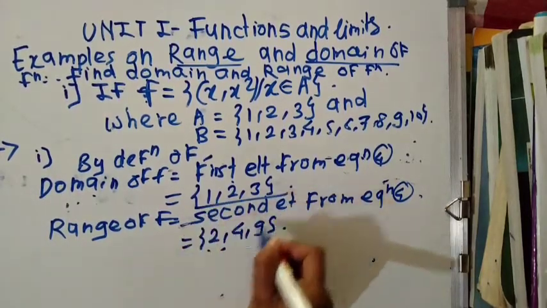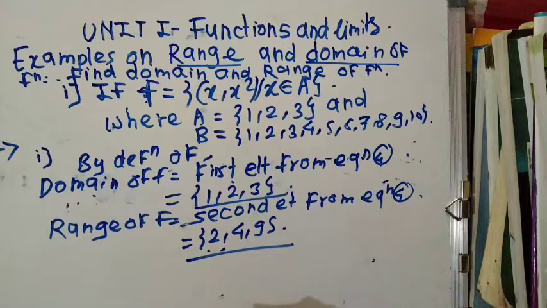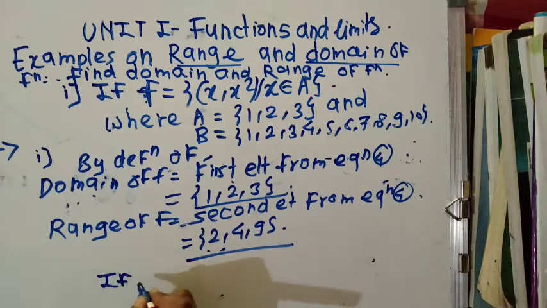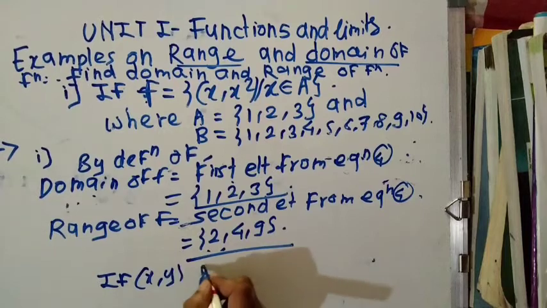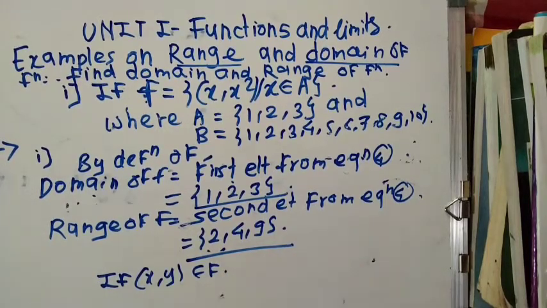It is the domain of the function and it is the second element, means the range of the function, if (x,y) belongs to f. Then we will take the second example.